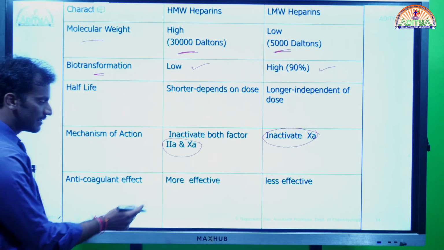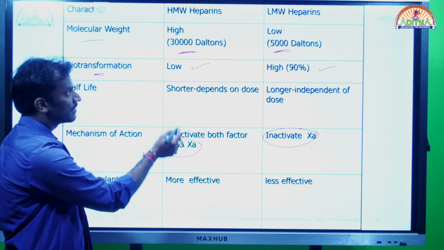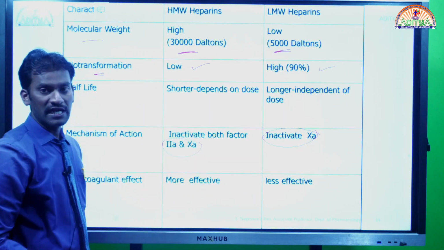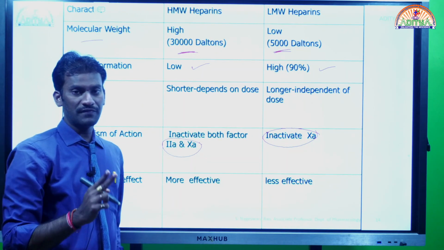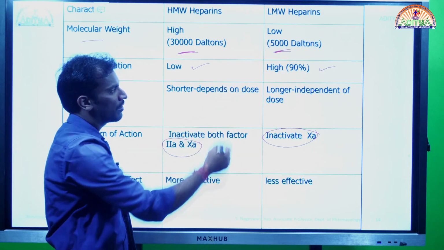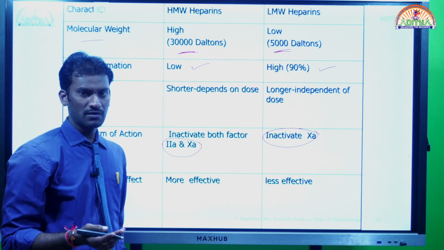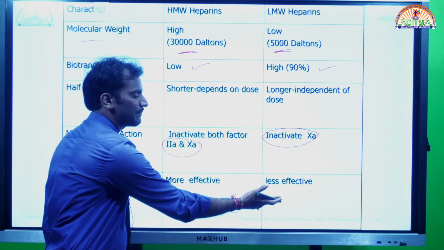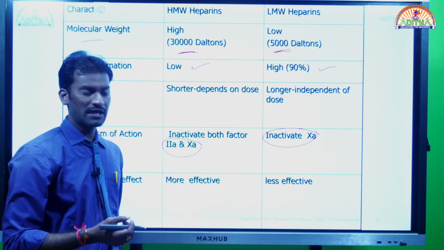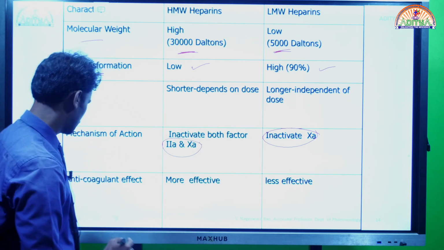Anticoagulant effect: here it is more, here it is less. Why? Because high molecular weight heparins inactivate two clotting factors, 2A and 10A, but low molecular weight heparins can inactivate only factor 10A. So low molecular weight heparins may produce less therapeutic effect compared to high molecular weight heparins.